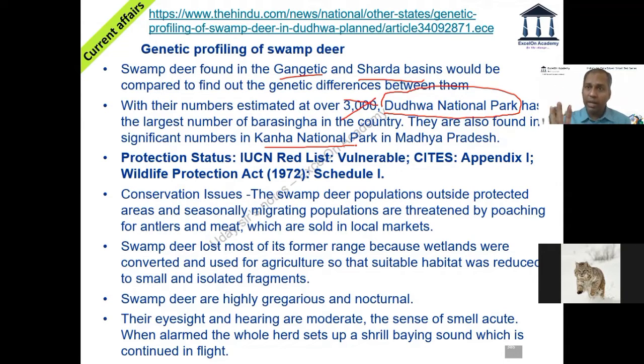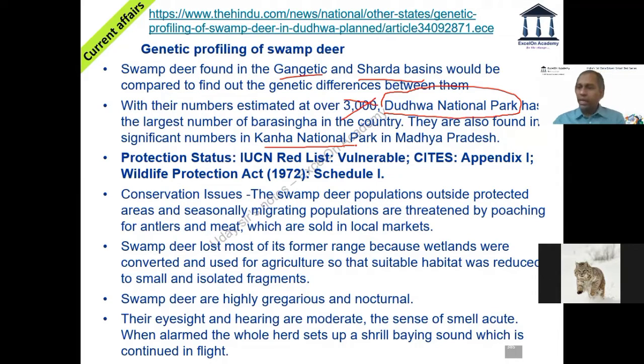It is considered vulnerable, but not endangered or critically endangered. However, CITES lists it in Appendix 1, which means it is a wild animal of concern, especially from a trade perspective. Similarly, in our Wildlife Protection Act, it is put under Schedule 1.